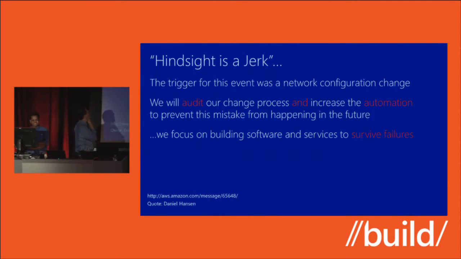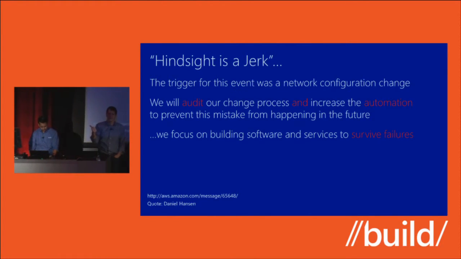As we look back over this particular event that happened to Amazon a while back, I was just intrigued by this email they sent out. The trigger for this event was a network configuration change. Again, change, right? Somebody changed something. What are they going to do about it? When you strip away all the "we are excellent" paragraphs in there, what you saw was, we will audit and we will automate.